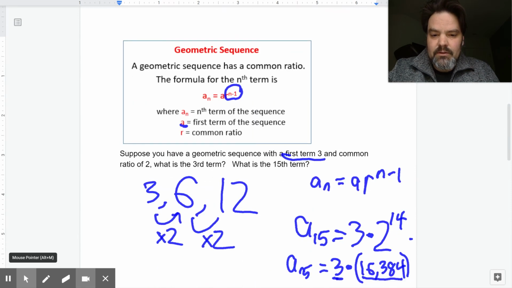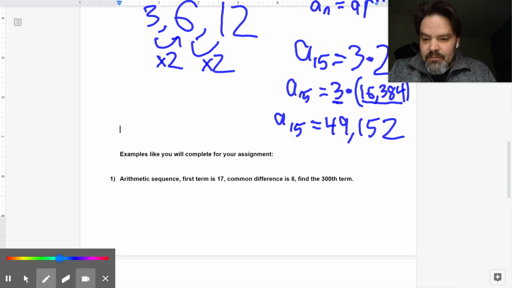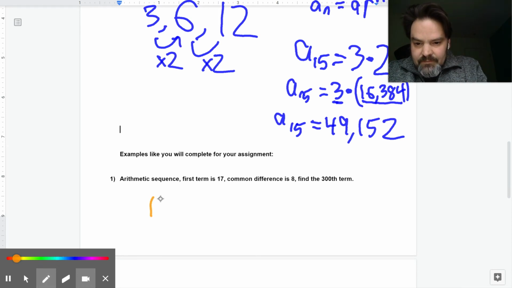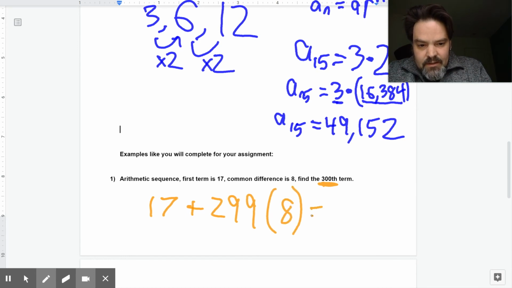Okay, so let's do that. So the initial thing here is going to be 17 plus n minus 1. So the n is the number of the term, so that's 300 minus 1, or 299, times 8. And again, at this point, you can crack open your calculator.